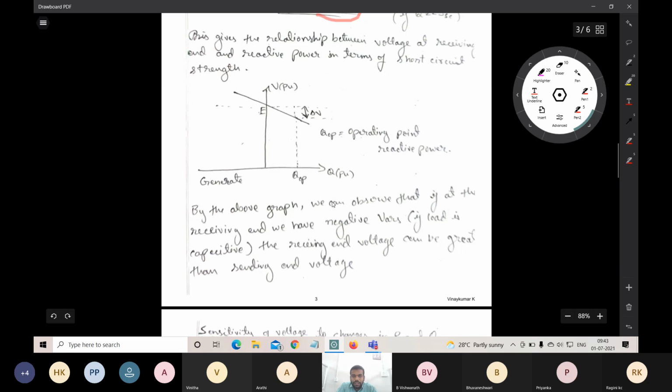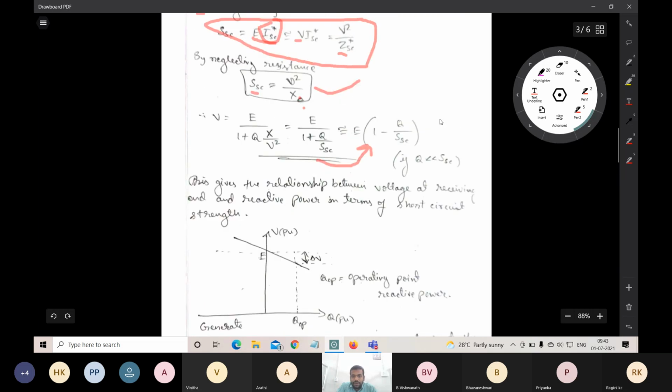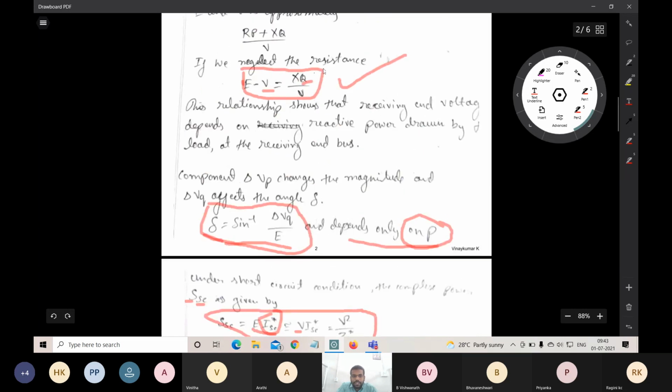So this is the conclusion, and this is the relationship between the voltage and the reactive power. This is also one more relationship between the differences in the voltages, by neglecting the resistance, and this is the relationship with sine delta, the change in the angle that we can observe.